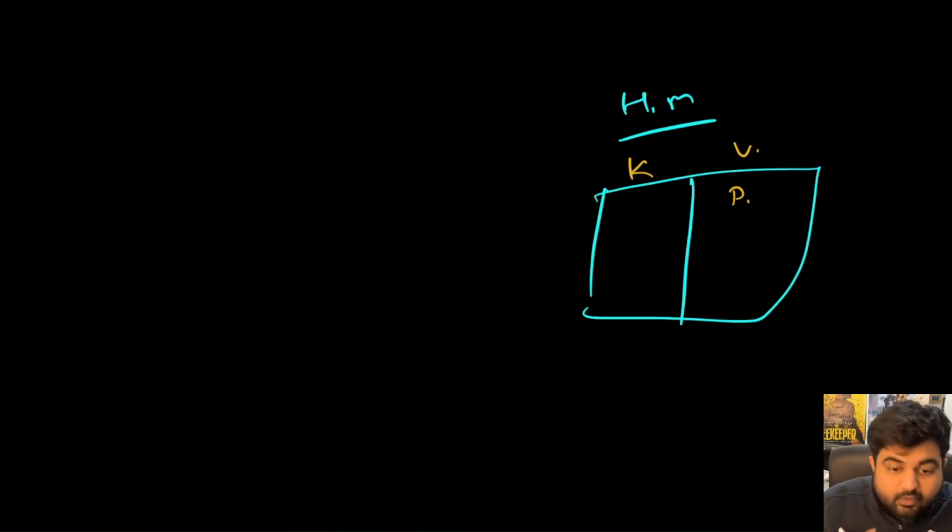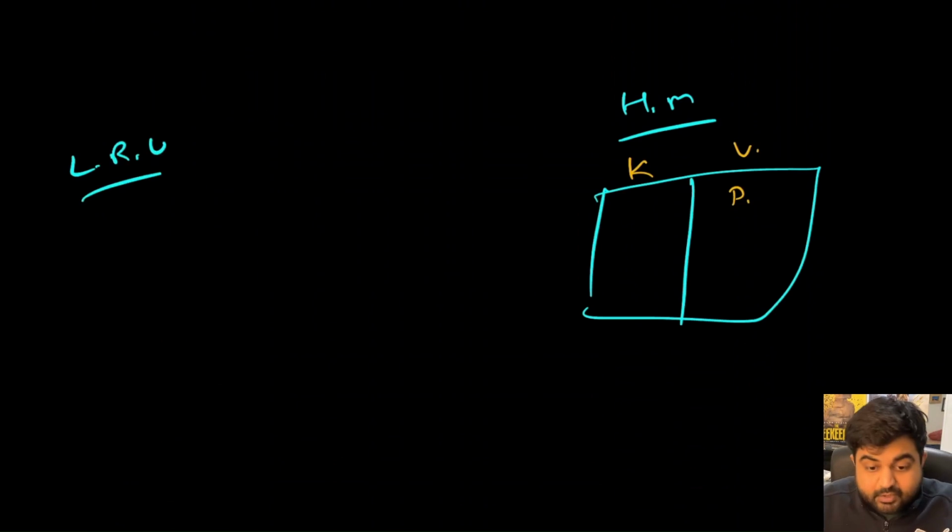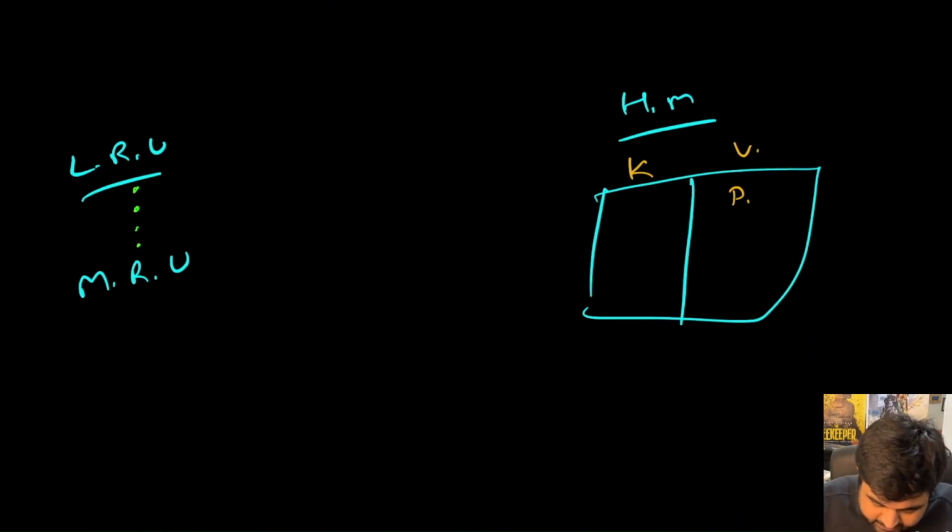What I'm suggesting is that we need to keep track of 2 items. Number 1 is the least recently used item. Number 2 is, the moment we use the get operation, we also need to keep track of the most recently used item. There are going to be a bunch of different elements that fall in between, but the moment we access any particular element, that becomes the most recently used element.